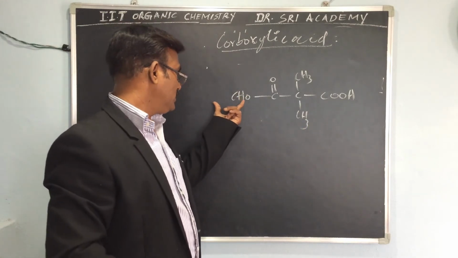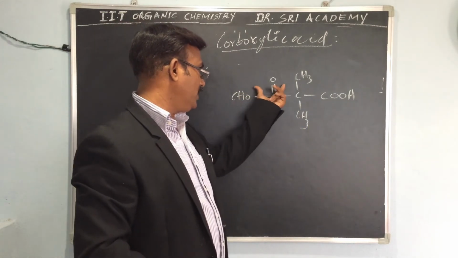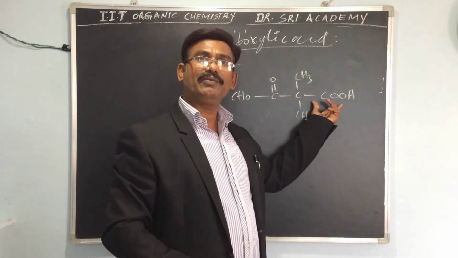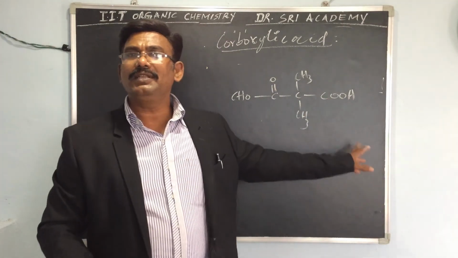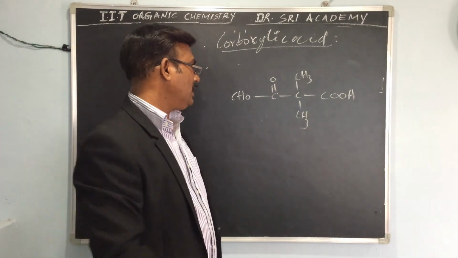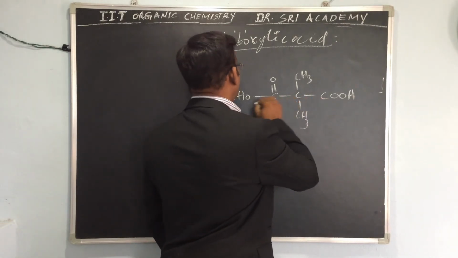So here CHO is a functional group, keto is also a functional group, COOH also a functional group. How many carbons are there? So 1, 2, 3, 4.